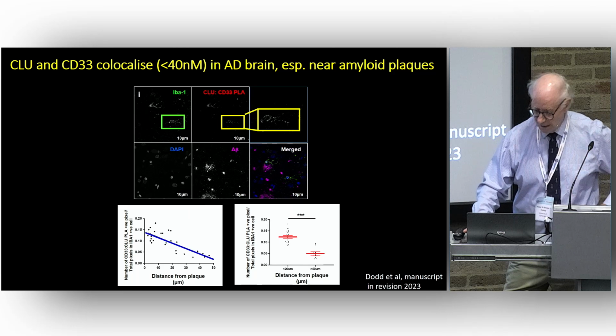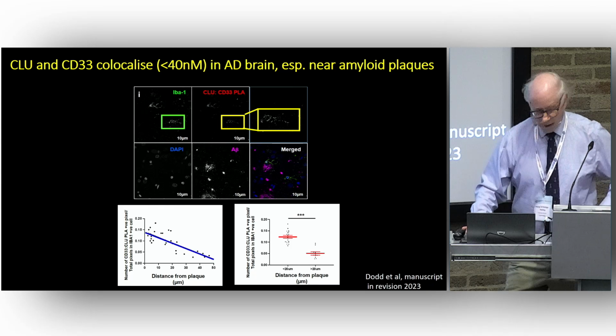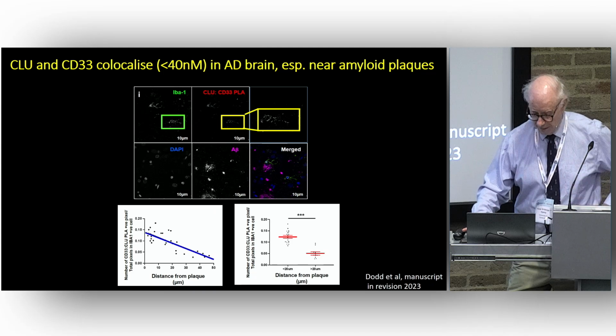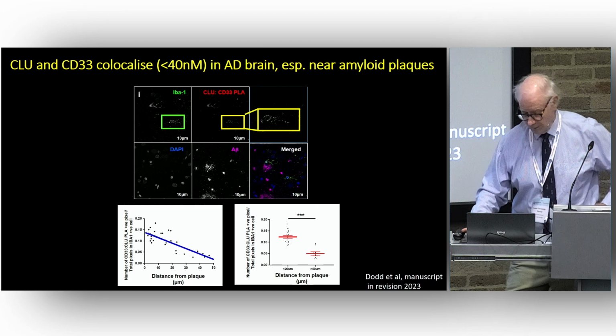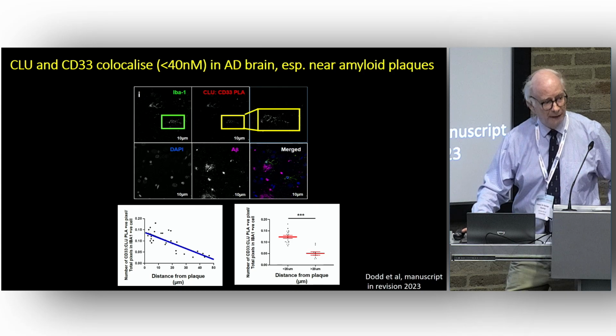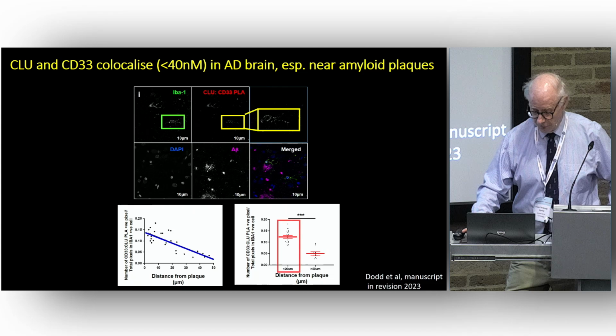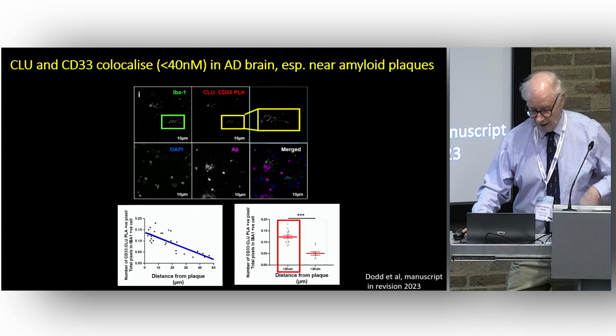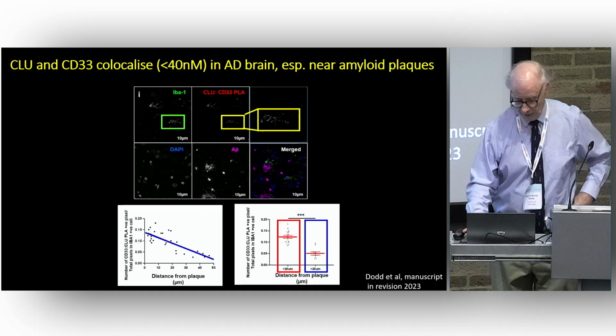And you can also look at this the other way, which is the way that Hyman and Spires-Jones have looked at, which is there seems to be a sort of a cutoff around 20 micrometers from a plaque, and what you could see was that those microglia that were close to a plaque had lots of PLA, and those that were further away had less PLA.